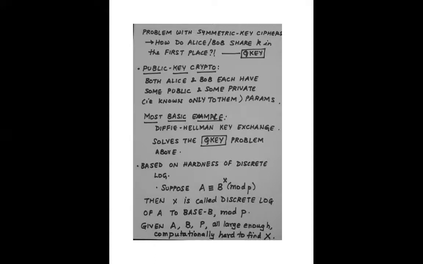So that brings us to the next major flavor of cryptography, which is public key cryptography, as opposed to symmetric key cryptography. It's also called asymmetric key cryptography, but we'll call it public key crypto. Okay, so here the idea is that both Alice and Bob each have some public parameters.